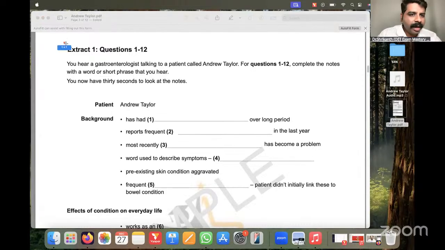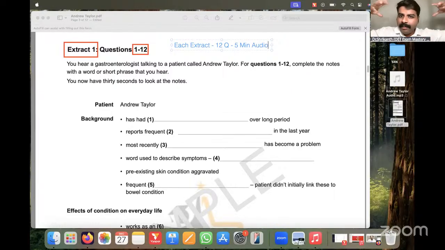This is extract 1, and under extract 1 there will be 12 questions. Each extract consists of 12 questions, and these 12 questions are based on a 5-minute audio.